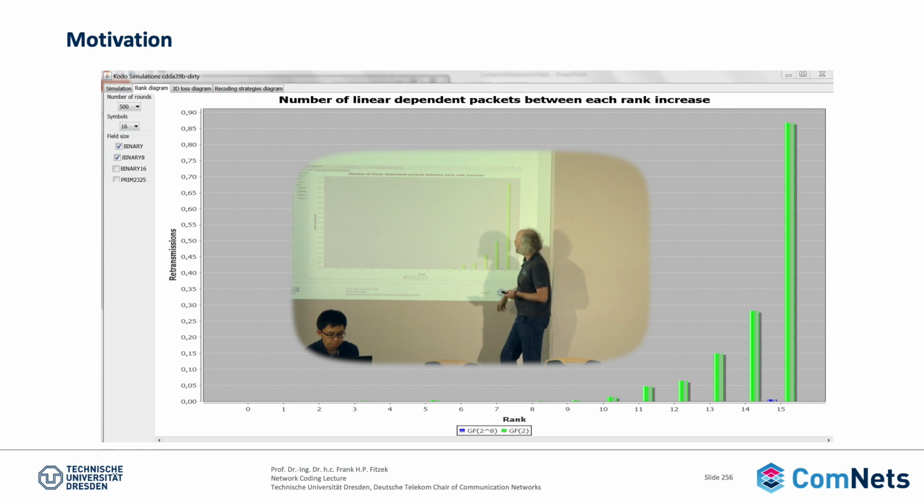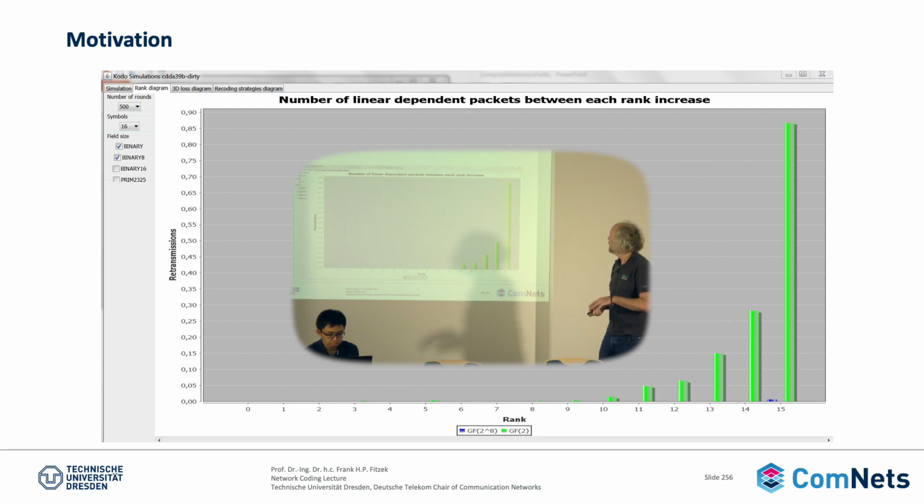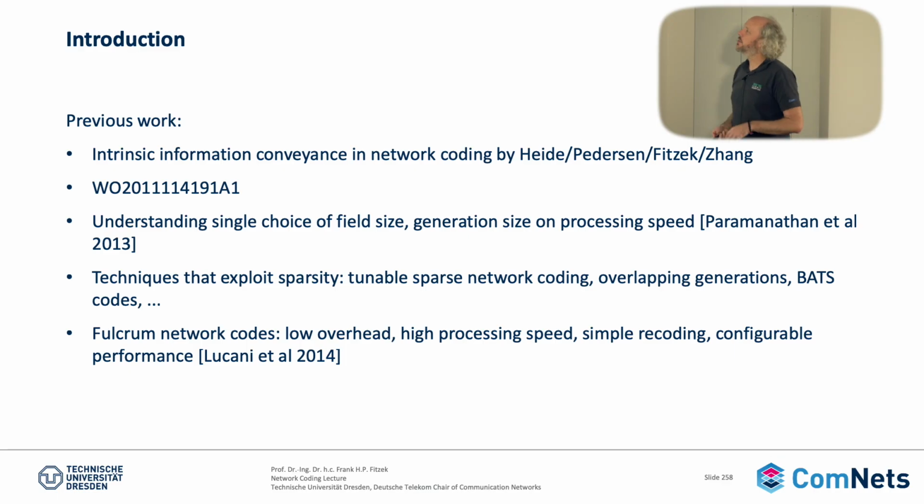And the question is, why don't we use one field in the beginning, and then end up with a different field? Can we do this? It works if we could somehow change the one field into another field. Okay, then let's just do it.